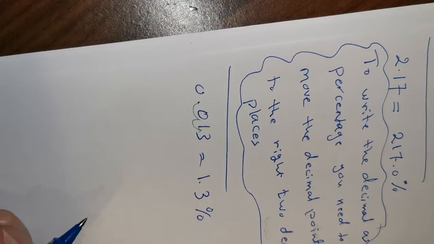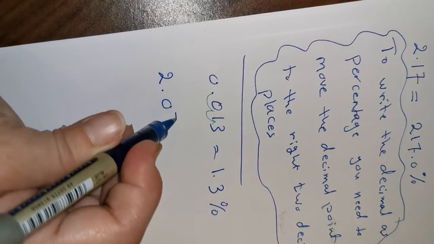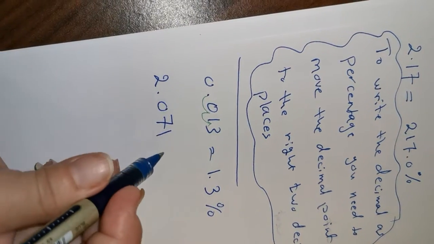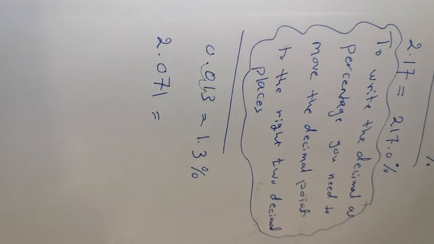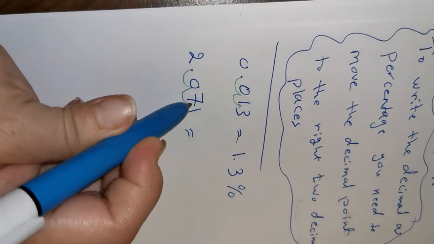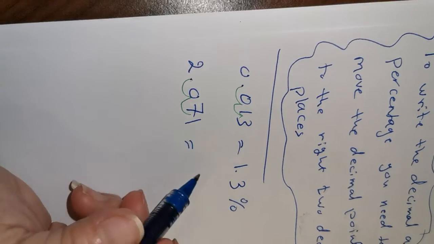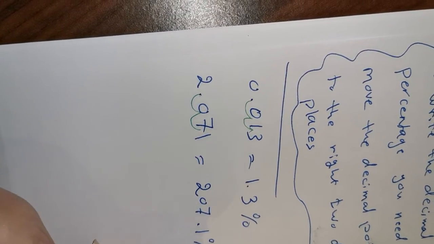One more example. 2.071 is equal to, if you need to write the decimal number in percentage form, 1, 2, so it will be 207.1%.